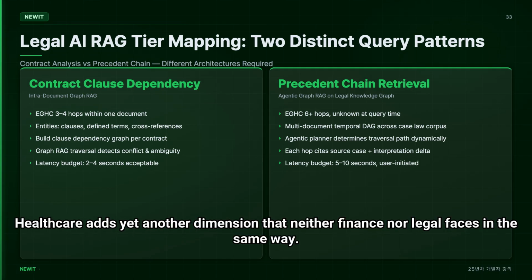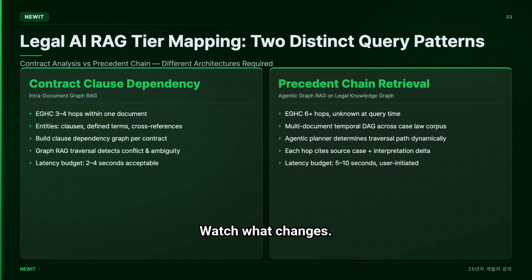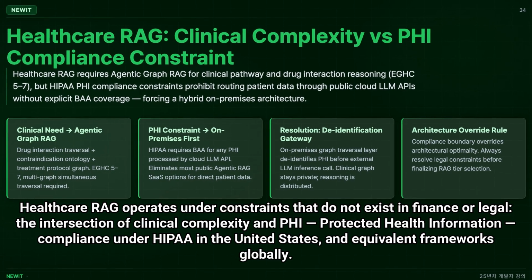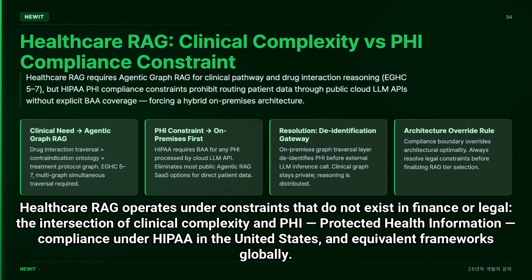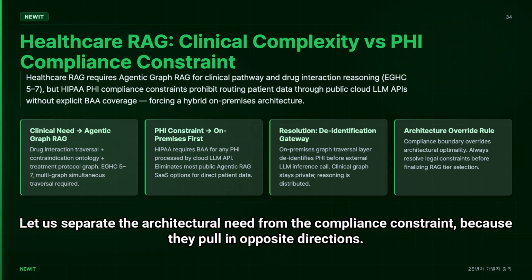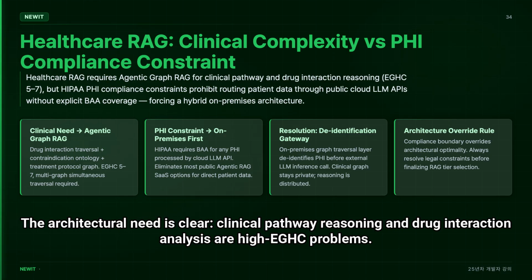Healthcare adds yet another dimension that neither finance nor legal faces in the same way. Watch what changes. Healthcare RAG operates under constraints that do not exist in finance or legal. The intersection of clinical complexity and PHI, protected health information, compliance under HIPAA in the United States, and equivalent frameworks globally. Let us separate the architectural need from the compliance constraint, because they pull in opposite directions. The architectural need is clear.